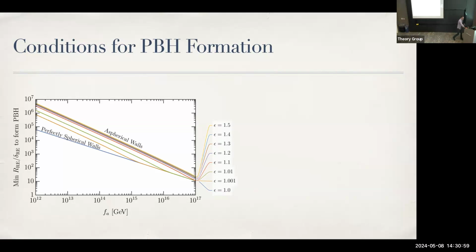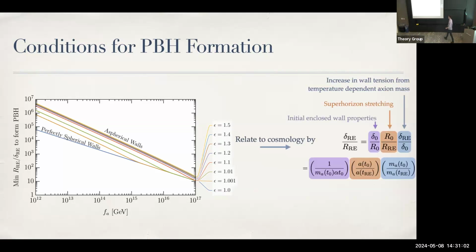What we do is we relate this cosmology-independent quantity to cosmology by relating this radius at re-entry to the thickness at re-entry to cosmological parameters and the number densities of enclosed walls that we discussed earlier. So this radius at re-entry compared to the thickness at re-entry, you can write in terms of my initial wall property, which is related to alpha, how super horizon it is, which is again related to those continuous random field simulations that we did previously.